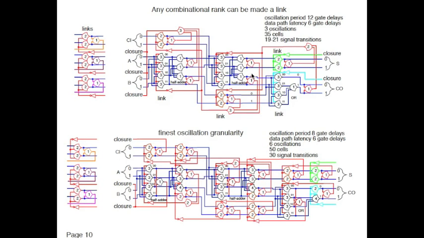Again, this is the circuit from the previous slide, and this is where we're going. We're going to turn this into an enable rank, so we have to add a gate here for completeness and upgrade the threshold of this. And we'll take the blue closure now and run it into this rank. So now this becomes a link, and the completeness of this link now becomes the closure for this rank.